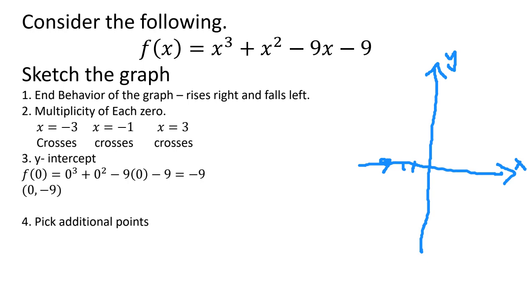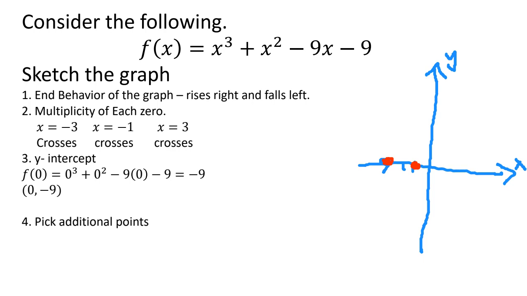There we go. So here at -3, I have a 0. It's crossing the x-axis. Here at -1, it's crossing the x-axis. And 1, 2, 3, let's say that this is 3 here. It's crossing my x-axis.